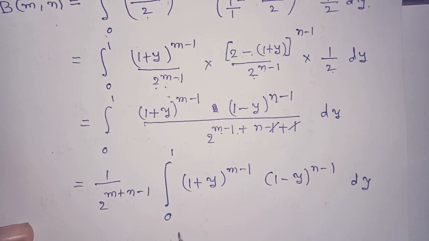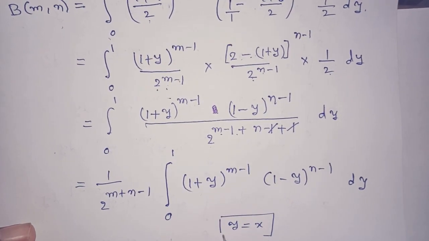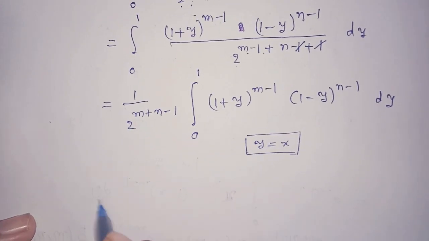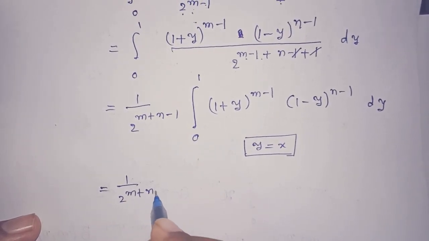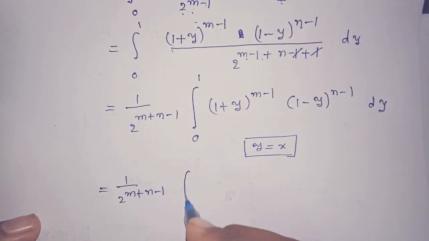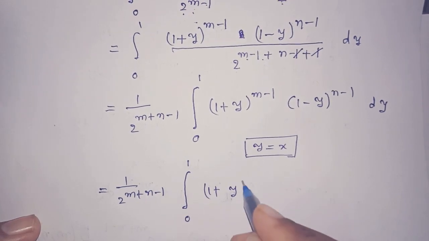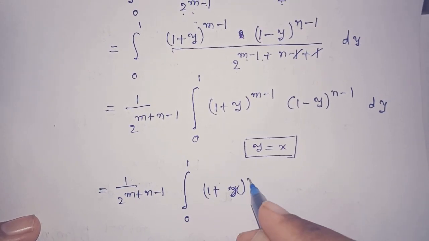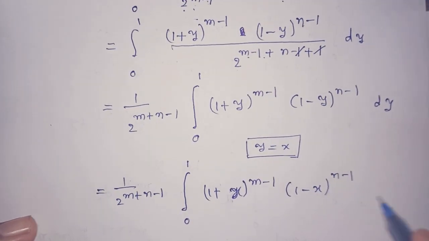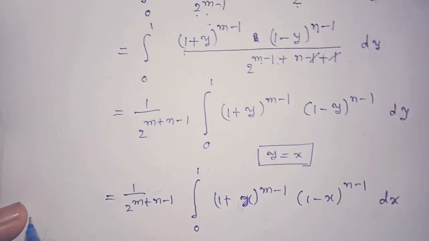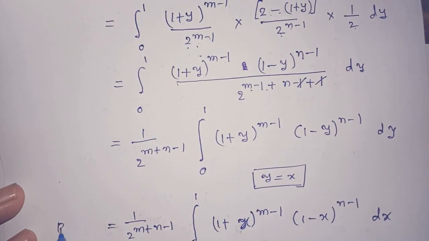Let us take y is equal to x. Then we get B(m,n) is equal to 1 by 2 power of m plus n minus 1 times the integral within limits 0 to 1, (1 plus x) power of m minus 1, (1 minus x) power of n minus 1 dx.